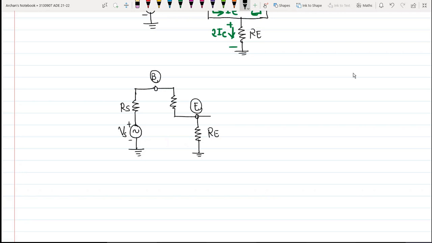In between collector and emitter we will have the output admittance HOE. So this is our collector terminal, and definitely one current source will be there. The value of the current source is HFE IB. And we are measuring the output voltage V0 across the collector resistance RC.